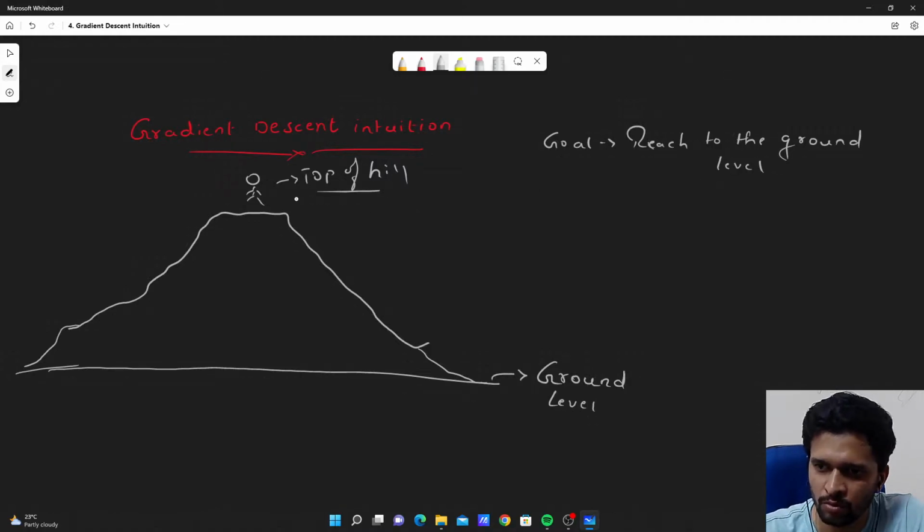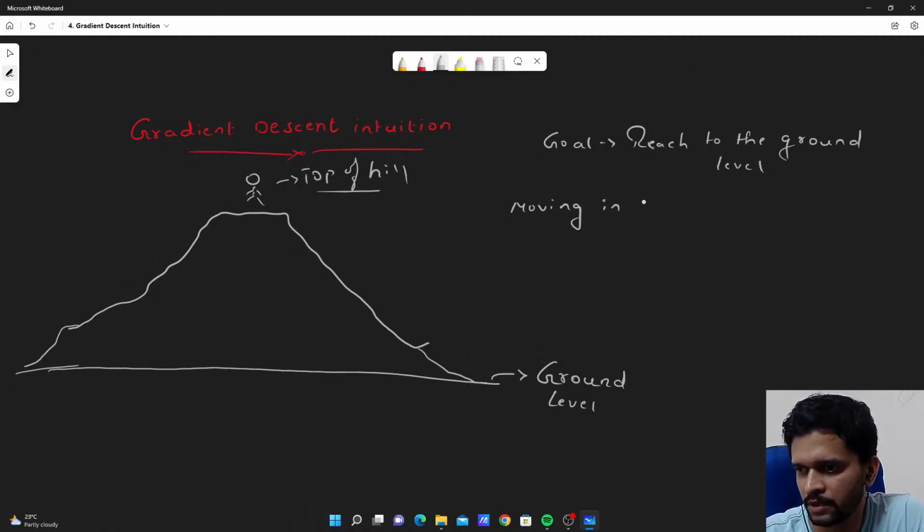You want to move in some direction. Along that direction, you will have to take some steps in order to reach your goal. So goal is to reach the ground level, but how do you accomplish it? You accomplish it by moving in some direction.